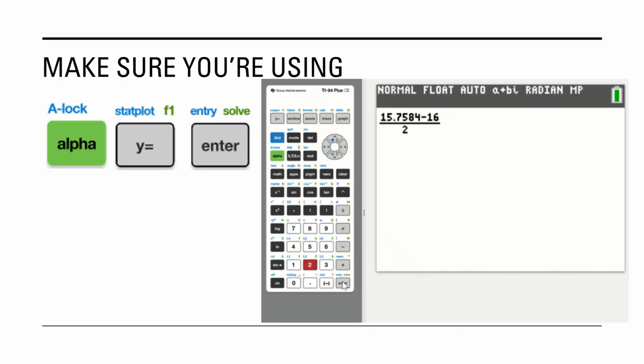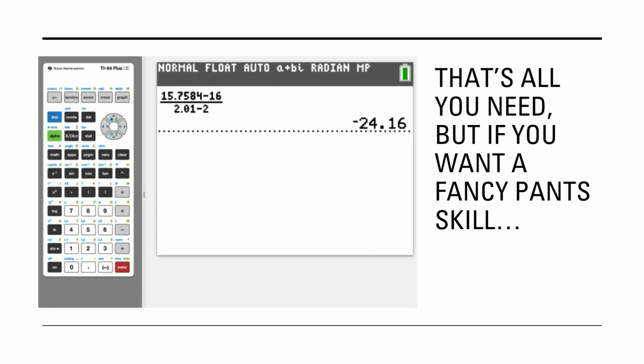Now when I did it myself, I just typed in 0.01 because that's the space between them by definition. But this is what it would look like if you're doing all the work the right way. So we get to that point, that should match the work. And you're just going to do that repeatedly. But we love that alpha y equals enter key. Now, you don't need any more than that. You're just going to have to do that 4 more times to match all of that other work.